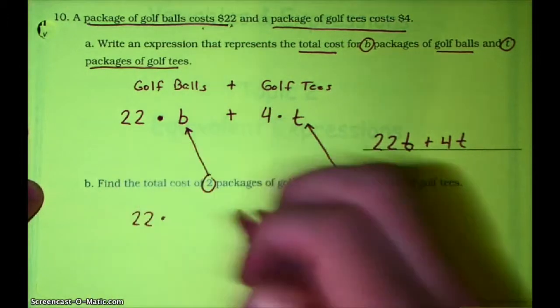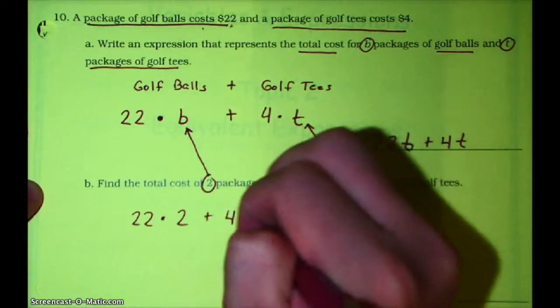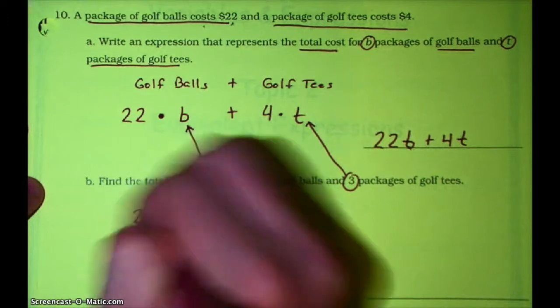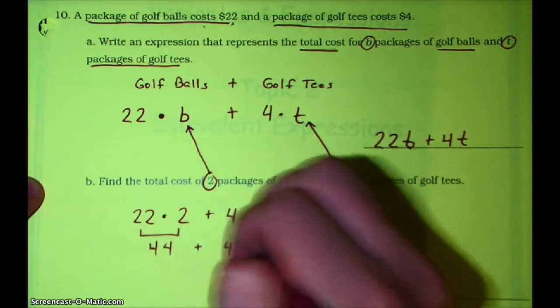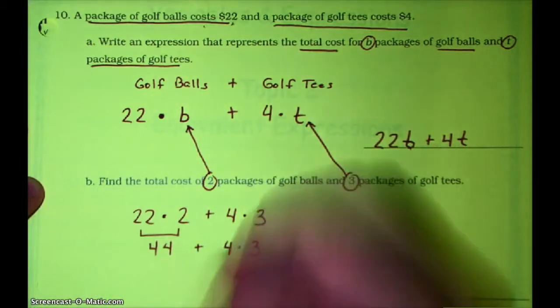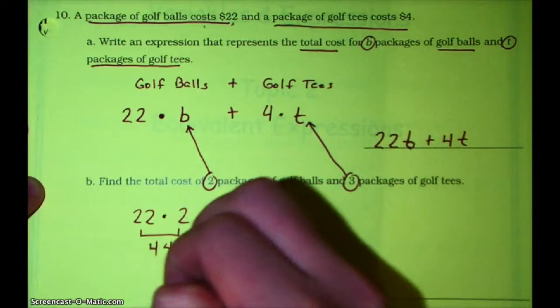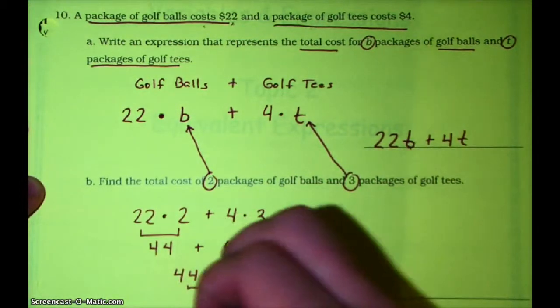22 times 2 plus 4 times 3. Okay, and for that, simply following order of operations, 22 times 2 is 44, plus 4 times 3. I then have plus and times, so I'll do times. 4 times 3 is 12, and 44 plus 12 gives me a final answer of 56.